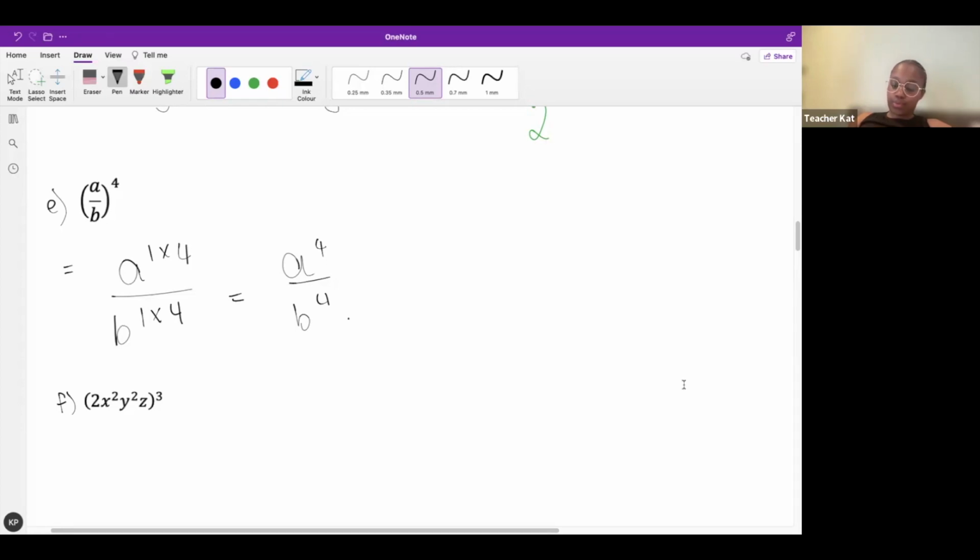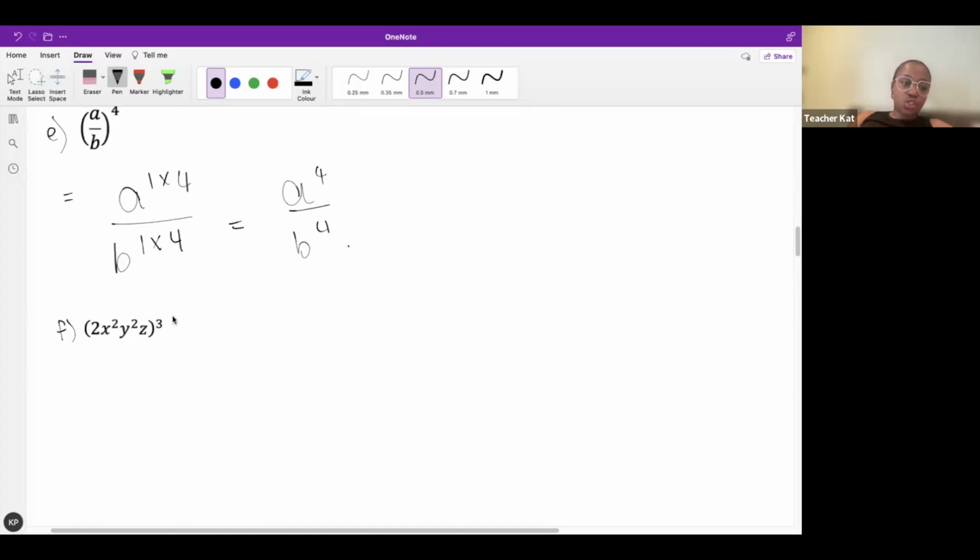We have 4. Okay, so my 3 will be distributed 4 times. So then I will have 2 to the power of 3 times x to the power of 2 times 3 times y to the power of 2 times 3 times z to the power of 1 times 3. Okay, now I'm going to simplify all those exponents first. x to the power of 6, y to the power of 6, z to the power of 3.